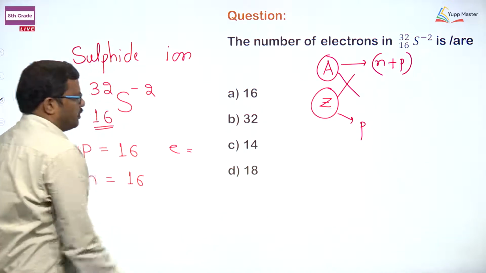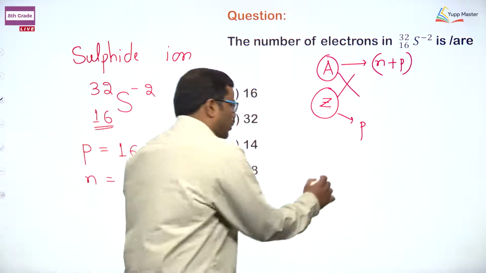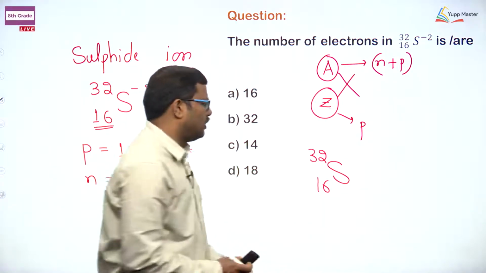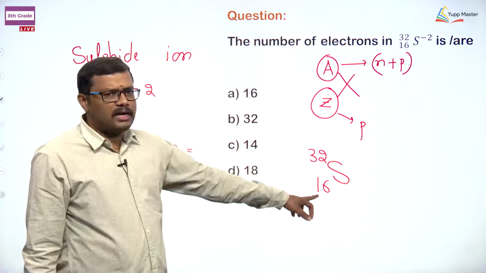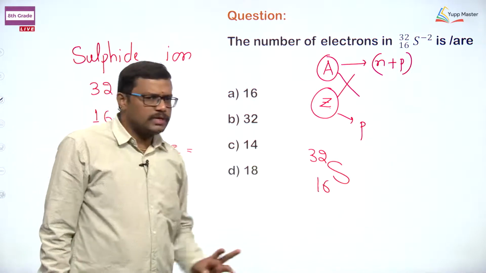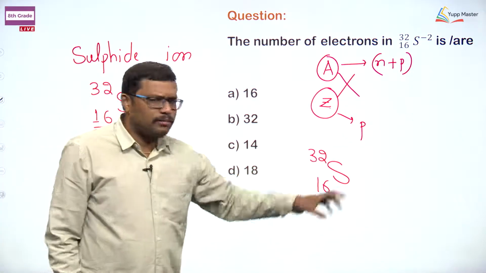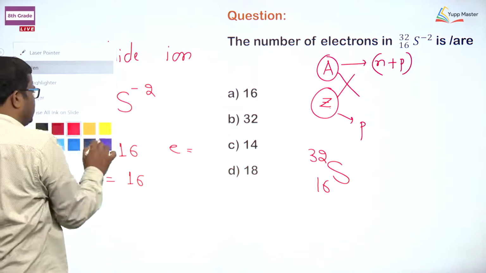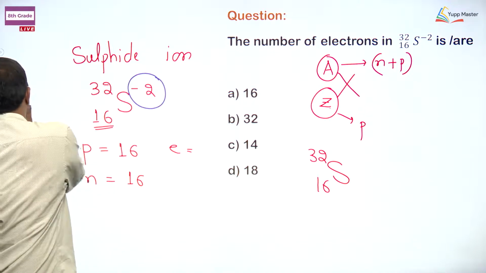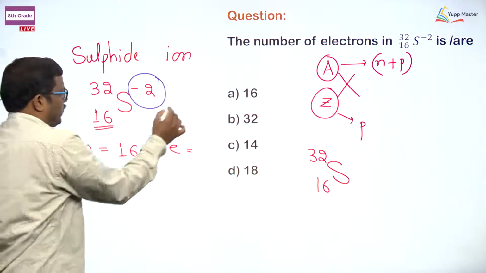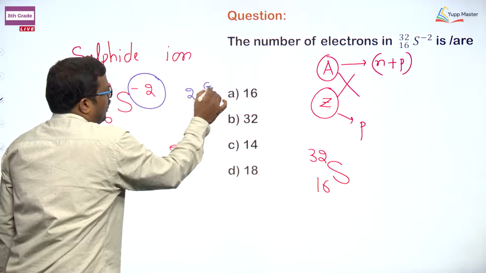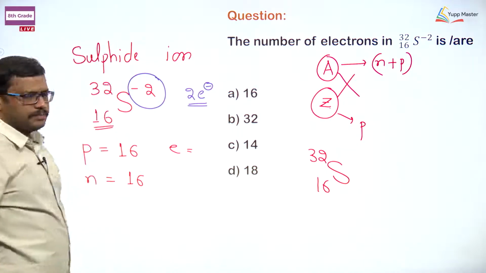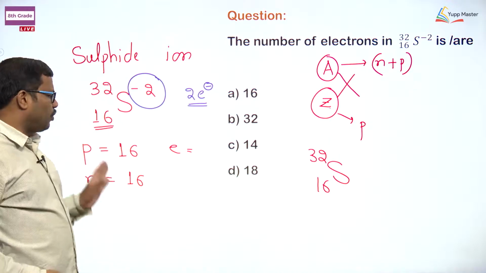What about the electrons? Suppose we have a sulfur atom in this fashion, when no charge is present on the sulfur atom, we represent it this way. No charge means the number of protons and number of electrons are the same, but here we have how many negative charges? We have 2 negative charges. So, 2 negative charges means 2 more electrons are present than the proton number.